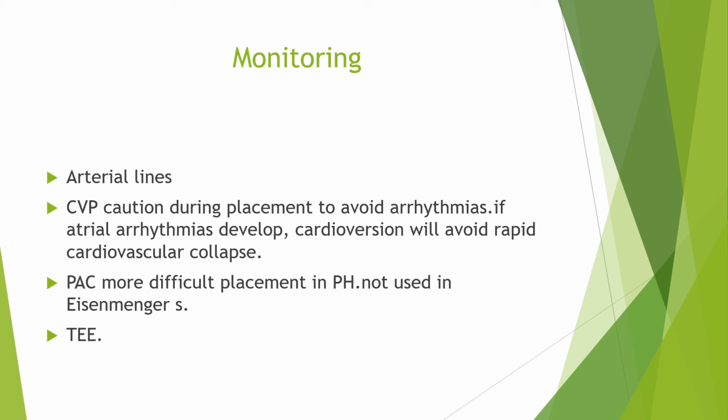If arrhythmias develop, use cardioversion to avoid rapid cardiovascular collapse. The use of a pulmonary artery catheter, although it is obsolete or not commonly used, is very difficult to place in these patients and is contraindicated in Eisenmenger syndrome. Finally, transesophageal echocardiography.